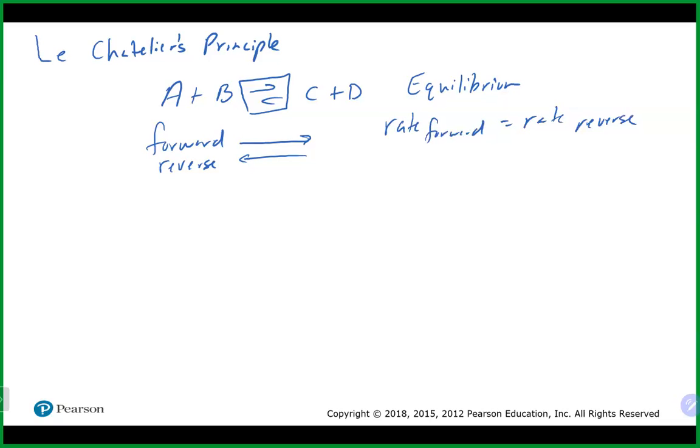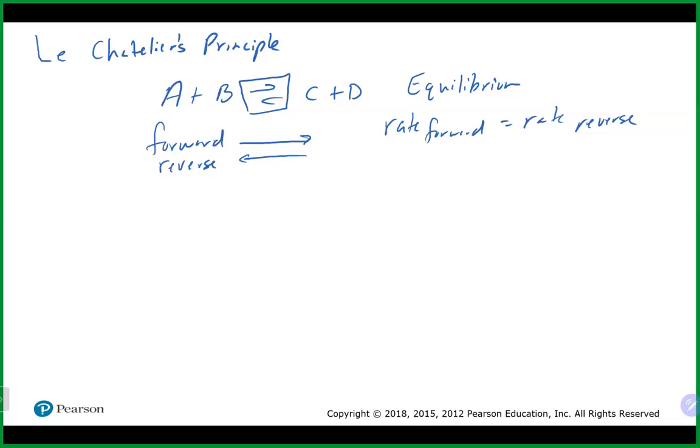When something reaches equilibrium, it will just as quickly go to products, and those products will just as quickly go to reactants. That essentially locks everybody into place. Whatever the concentrations are at that point, they will be maintained because it's going back and forth at the same rate.